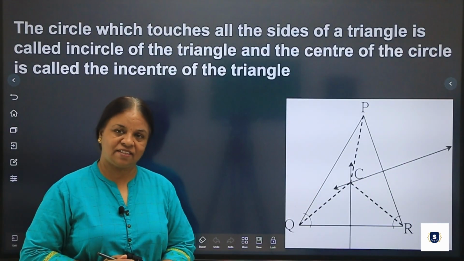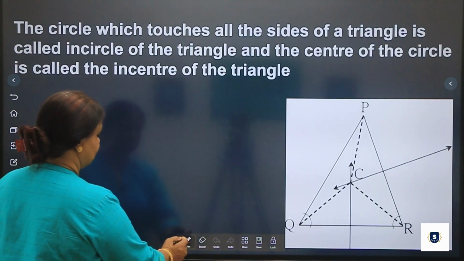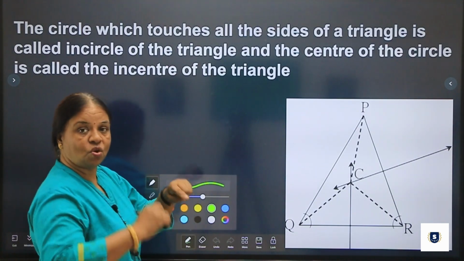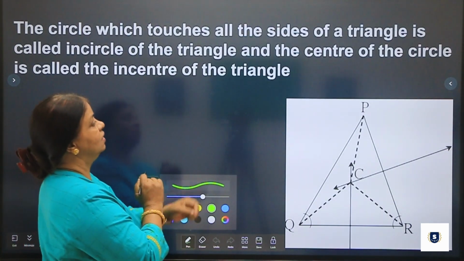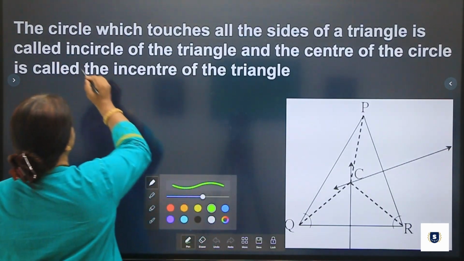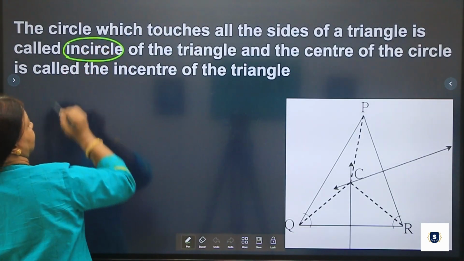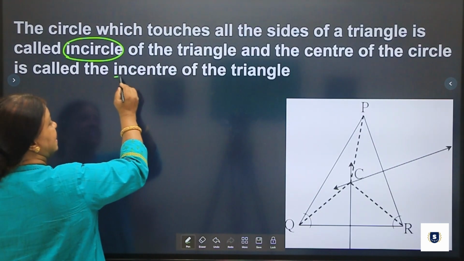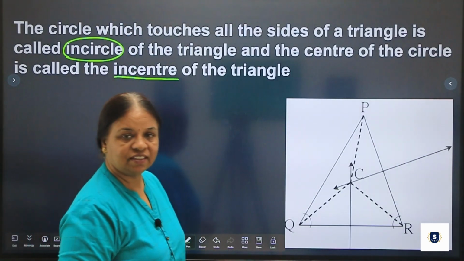So children, by construction what have we learnt? We have learnt that the circle which touches all the sides of the triangle is called the incircle, and the center of the incircle is known as the incenter of the triangle.